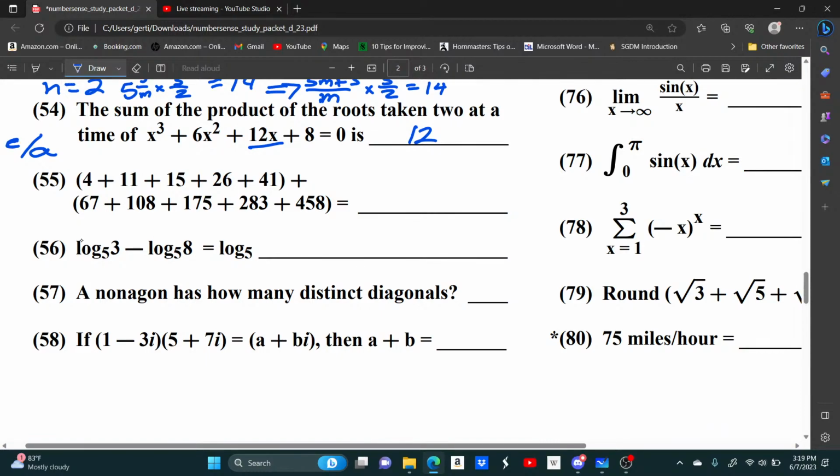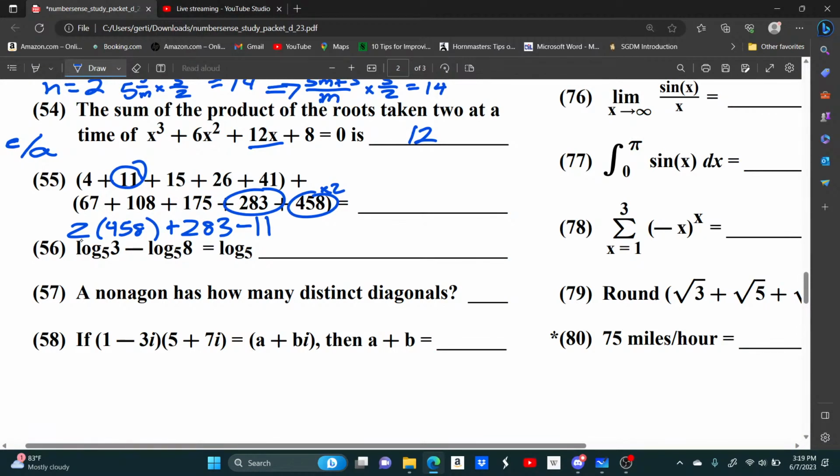So, when you're trying to find the sum of a Fibonacci-like sequence, here's what you do. You do 2 times the last number in the sequence, plus the second to last number in the sequence, and then minus the second number. So this one times 2, plus this one, minus this one.